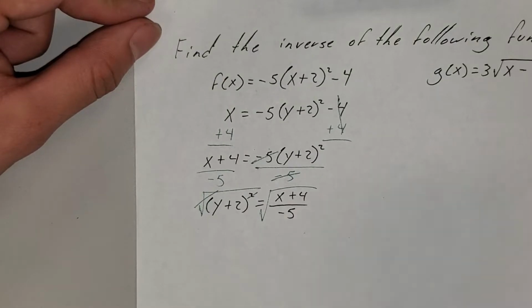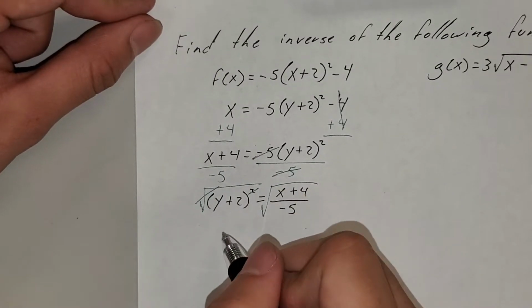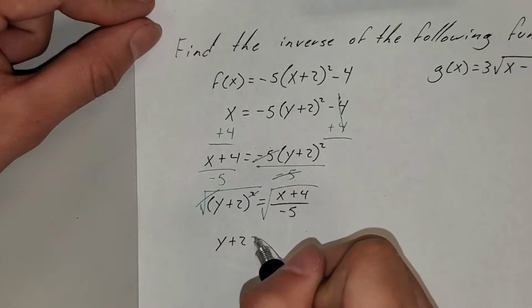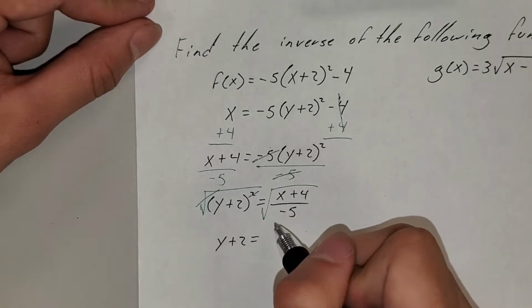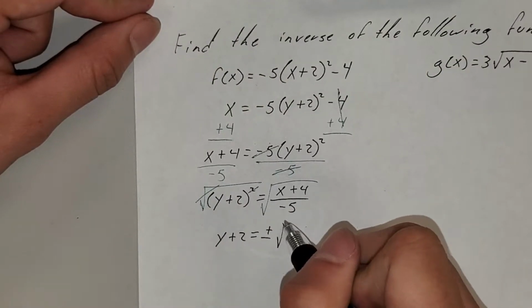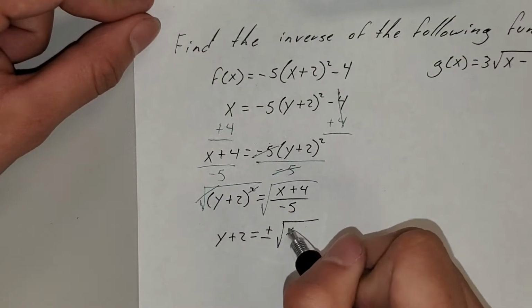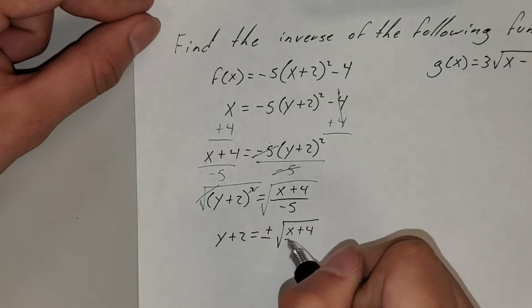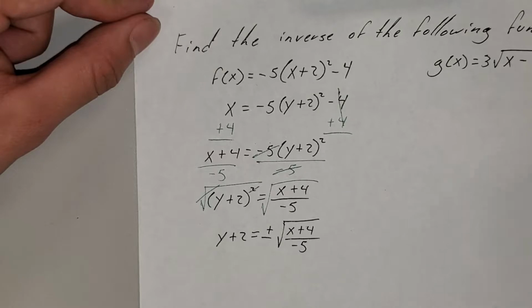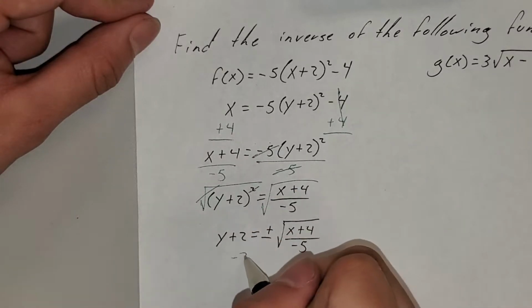So I'm only left with y plus 2 equals, don't forget the plus or minus when you square root, plus or minus the square root of x plus 4 over -5. And then finally, subtract 2 from both sides.